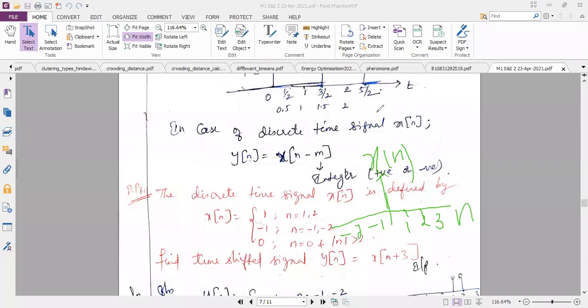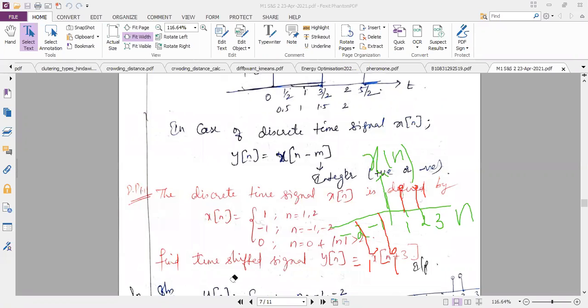I will just plot in another color. At n equal to 1 and 2, the amplitude is 1, and at n equal to minus 1 and minus 2, the amplitude is minus 1. Now we have to plot this, then we have to go for the shift. I hope everyone has completed this x of n diagram.